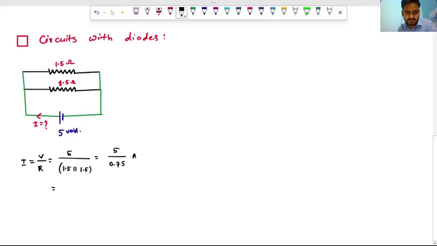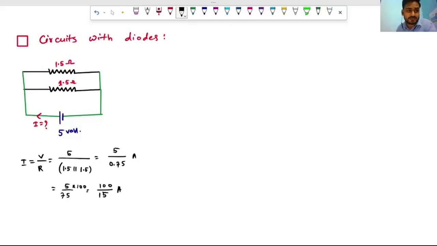So 0.75 we can write as 75 by 100, which goes to the numerator. So 5 divided by 0.75 gives 100 by 15 ampere, let it be.